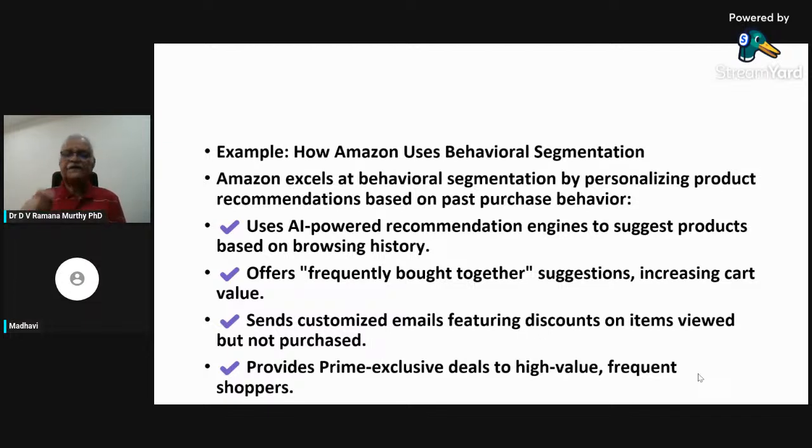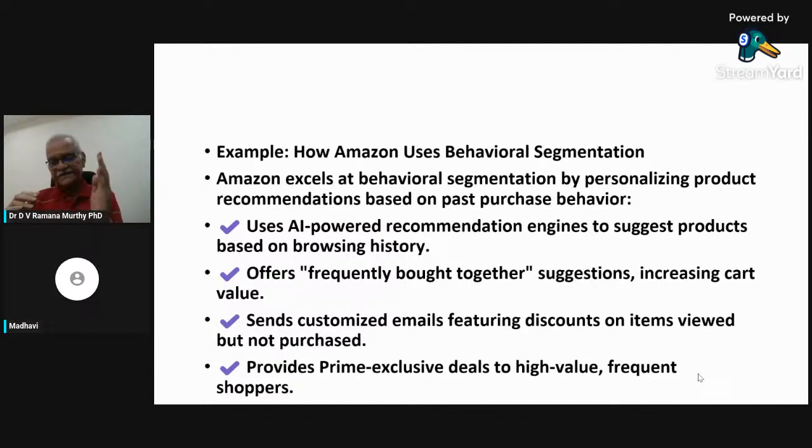Those who are seriously engaged in using the Amazon app can examine this. If you are looking at a particular product, you go on browsing, right? Then under that, you find a guideline coming in. What is that information? Frequently bought together suggestions.